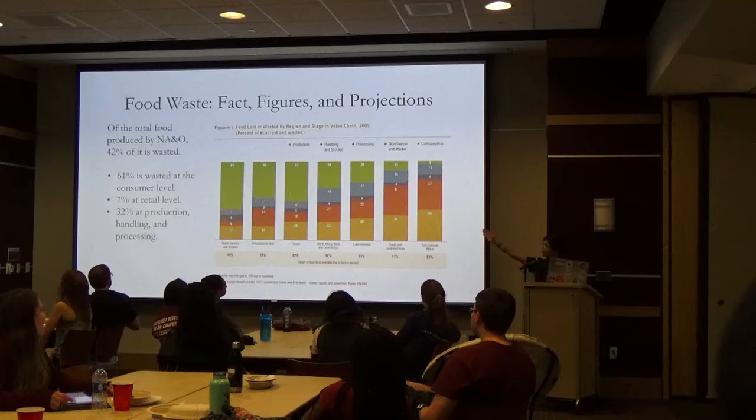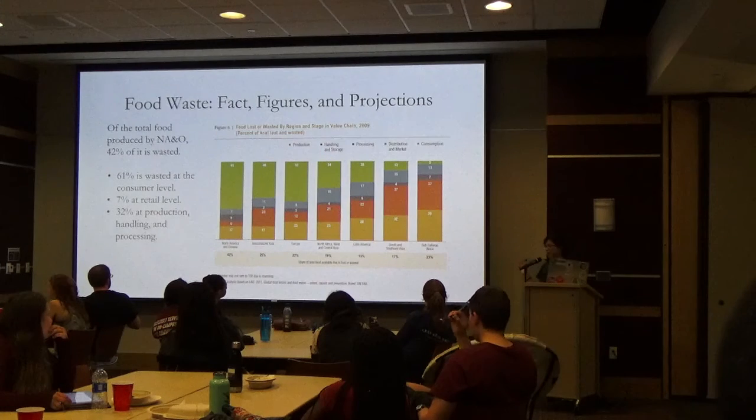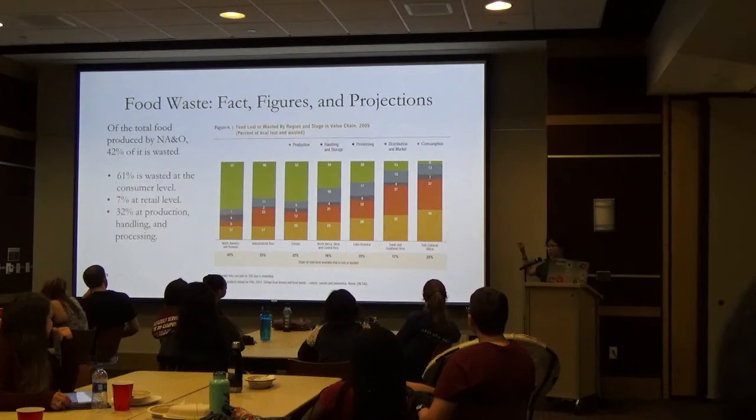So on the furthest left, that's North America, and as we go down, it's the industrialized areas: North America and Oceania, industrialized Asia, Europe, North Africa and West and Central Asia, Latin America, South and Southeast Asia, and Sub-Saharan Africa. And you can see the trend in production increases as you get closer to the less developed areas of the world, and the consumption drastically decreases.